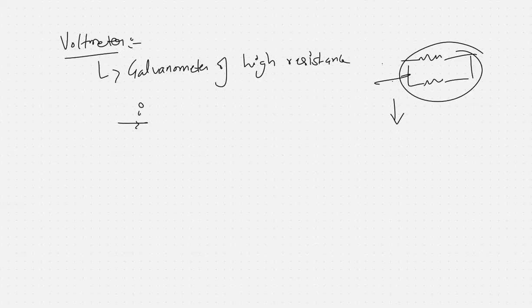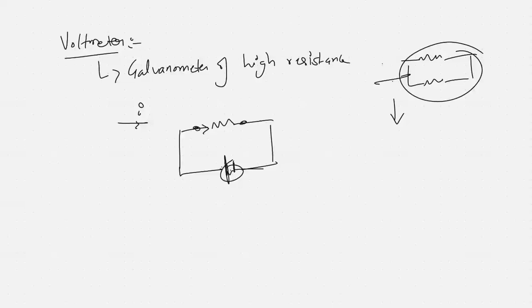In general, if you remember, when we talk about high resistance, it means the whole of the current will be passing. Assume this is my circuit, there is a normal resistance over there, and this is the battery. I want to calculate the potential across this.